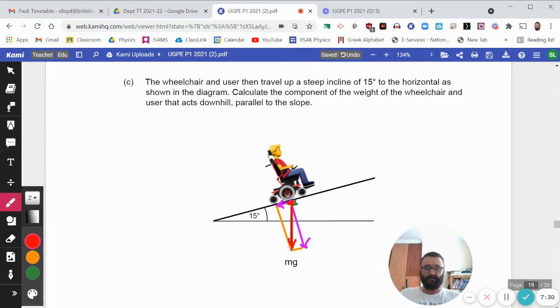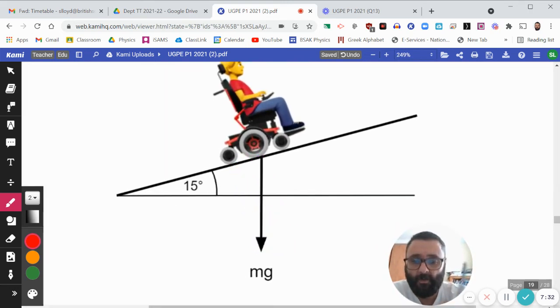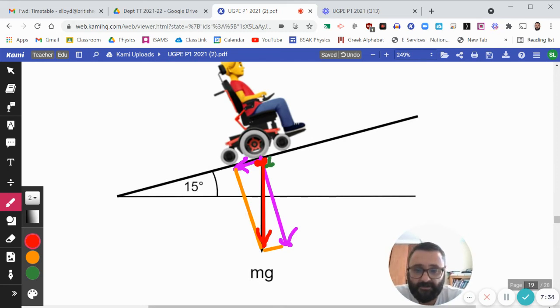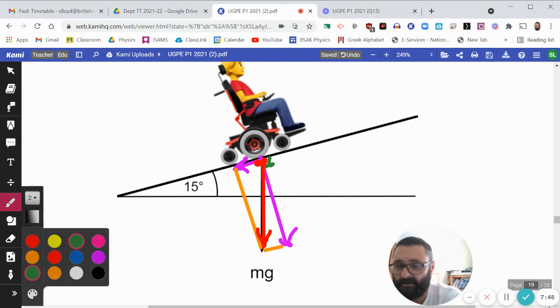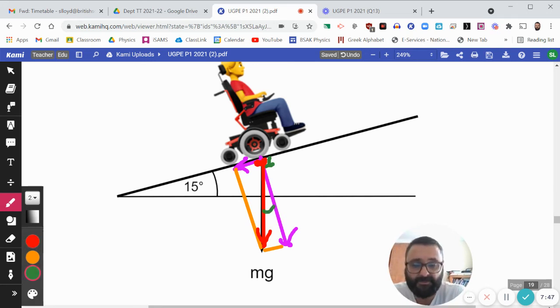Okay? Now, which angle is which? A little bit of geometry should show you that it's this angle here which is 15 degrees.